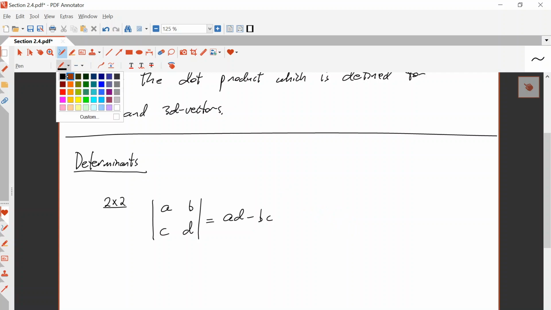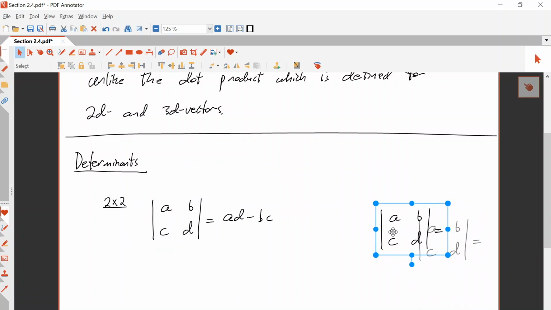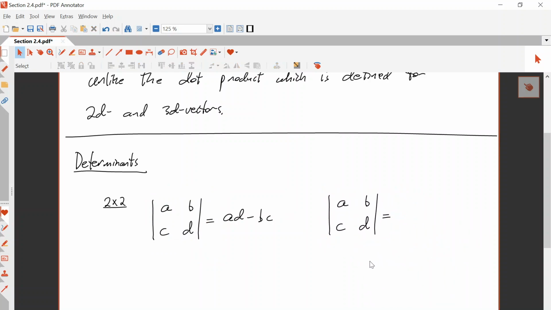You can think of it as the down and forward product, AD, minus the down and backward product, BC.